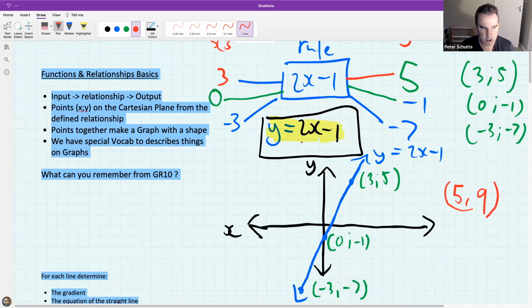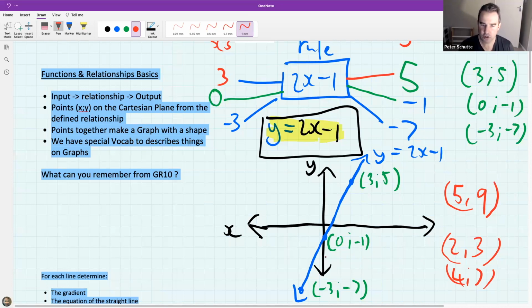Another student has said (2, 2), but be careful here, because if I put a 2 in, 2 times 2 is 4, 4 minus 1 is 3. So another point on the line would be the point (2, 3). Okay, (4, 7), I agree with. (4, 7) could be another point on the line. Okay, fantastic.